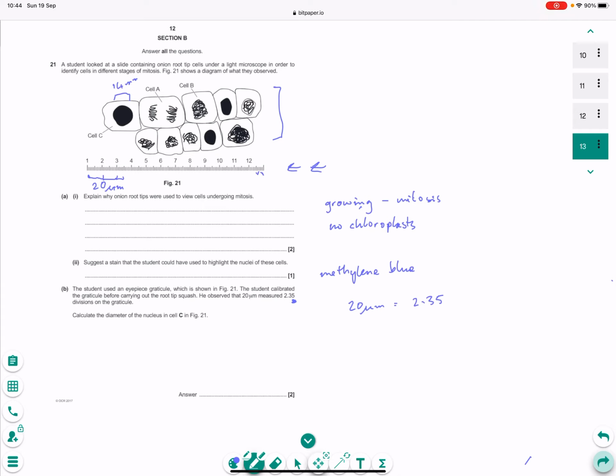So I think 20 micrometers, if we say that's 23.5, because if you're measuring 14 little divisions, and then there are 23.5 little divisions on the bottom, then you've now made it into a fraction.